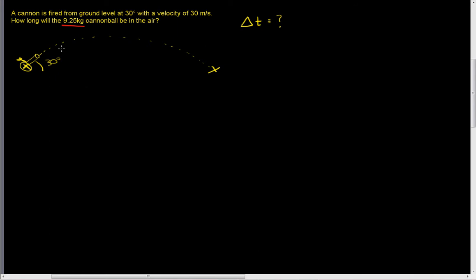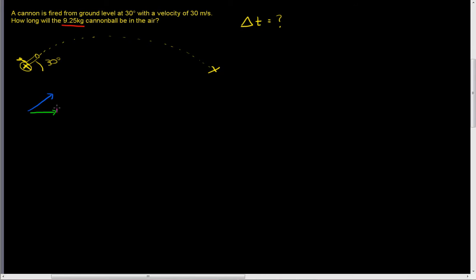So with that being said, we have our velocity components, the y component and the x component.